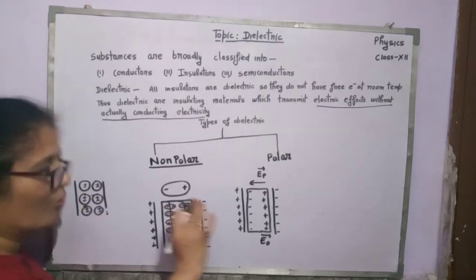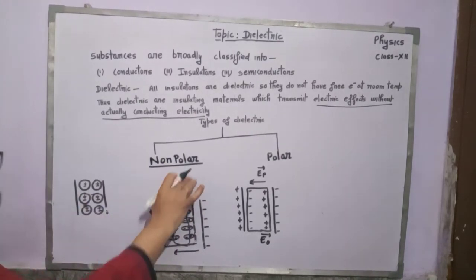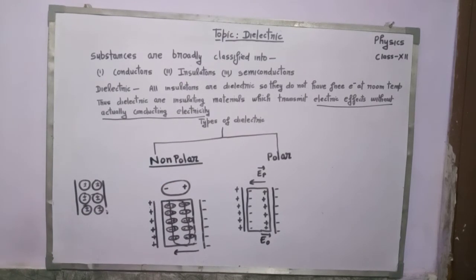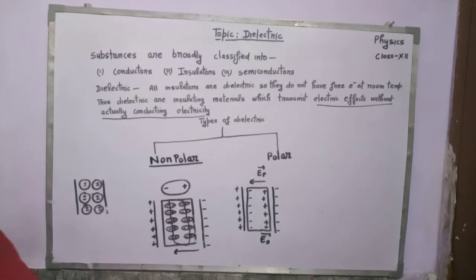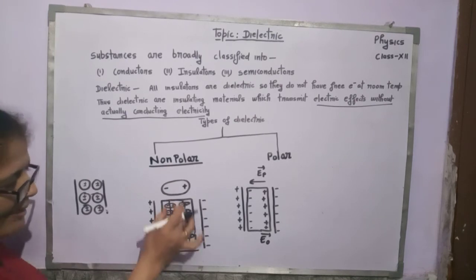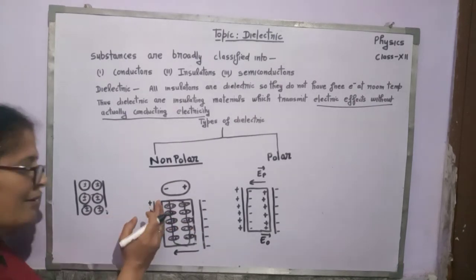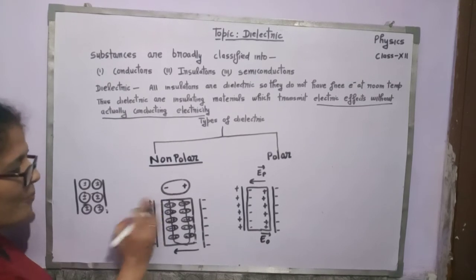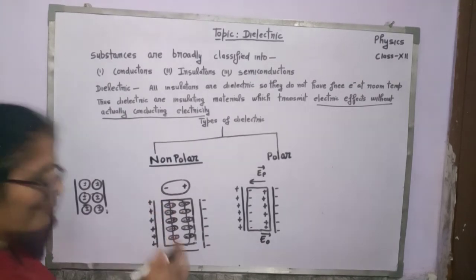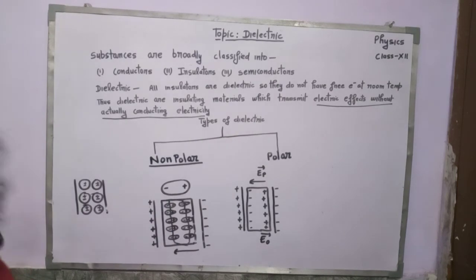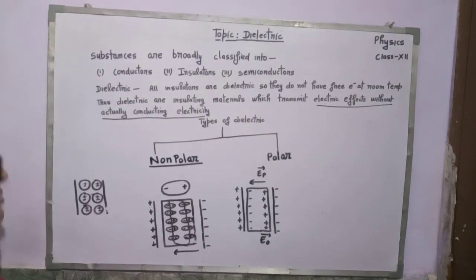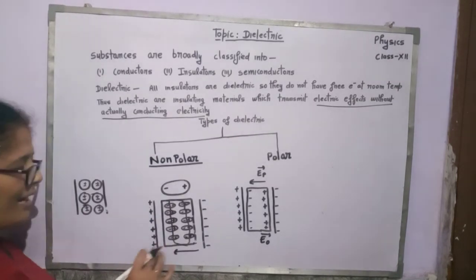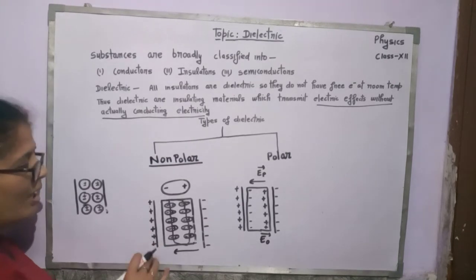Each molecule of non-polar dielectrics becomes a polar molecule, and the charges inside the slab cancel each other out, but the charges present on the faces towards the positive or negative plates remain as such due to the force of attraction between the face and the charge on the plates.